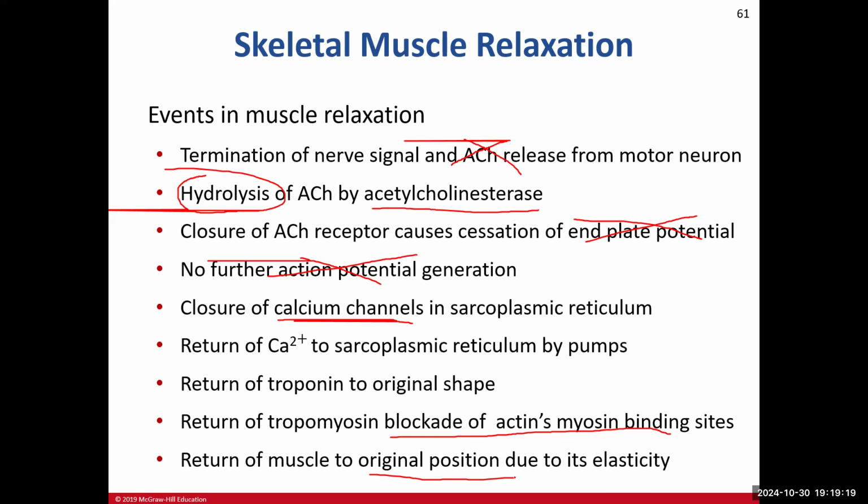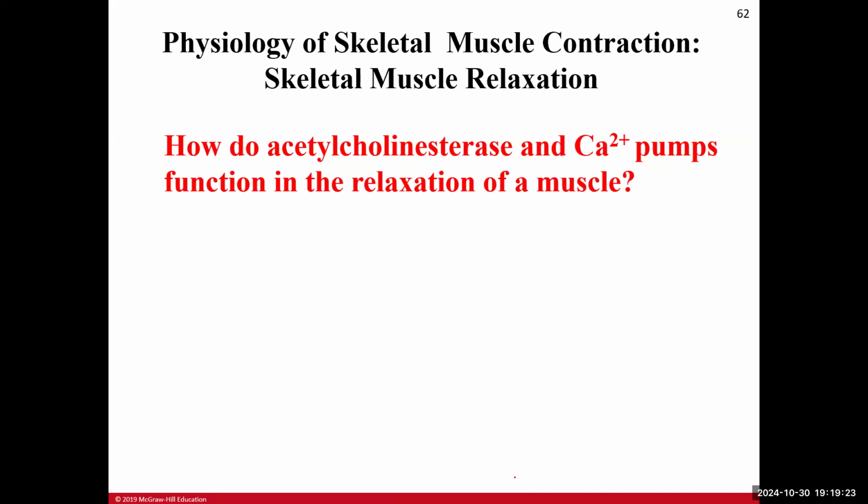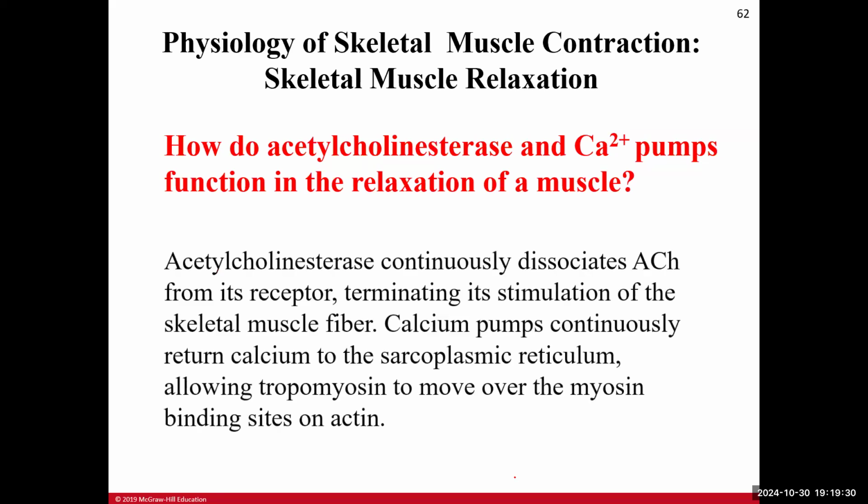All right, how do acetylcholinesterase and calcium pumps function in the relaxation of muscle? There you go. So that enzyme is going to continuously break down acetylcholine into its individual components. And then the neuron is going to vacuum all that stuff back up into the synaptic knob.